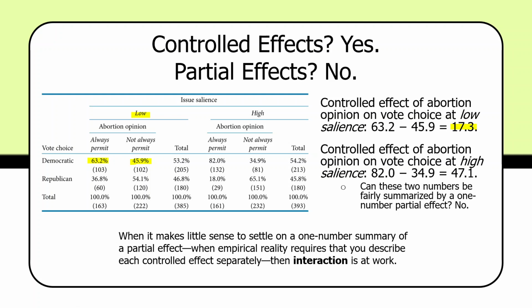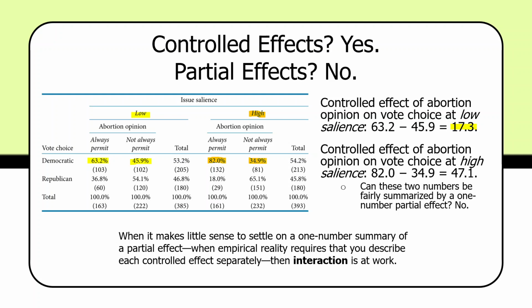But notice this very dramatic difference. When you switch salience from low to high, go over here on the right side of the crosstab. Now we're looking at people who give the abortion issue very strong importance, perhaps the most important issue of the day. And among those who think abortion should always be permitted, 82% voted Democratic, versus only about 35%, 34.9%, who do not hold that position.